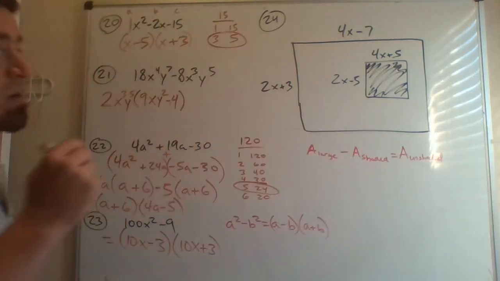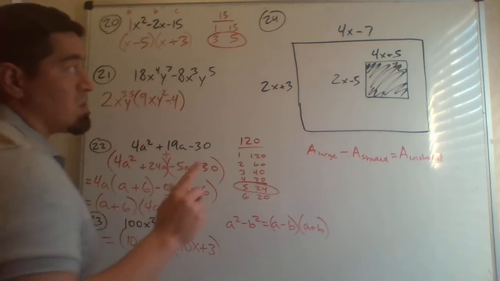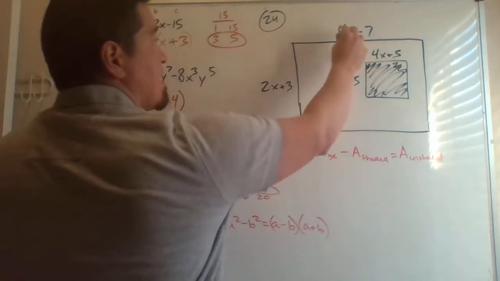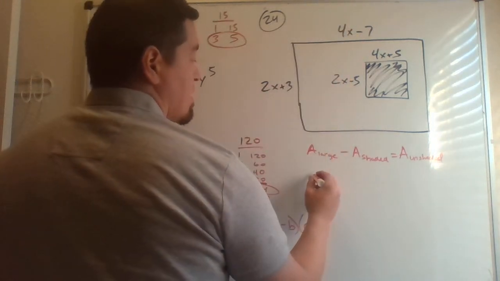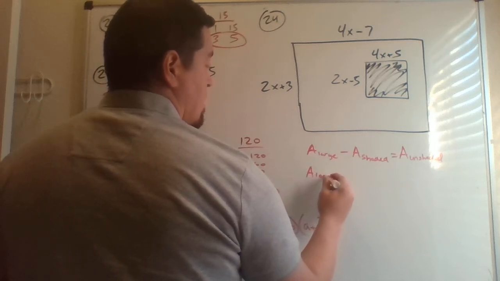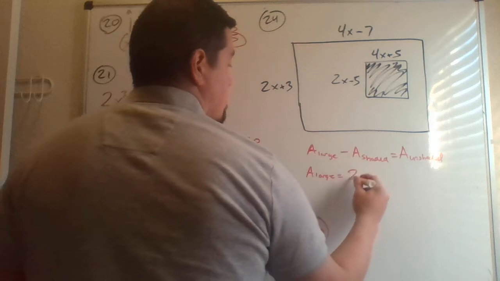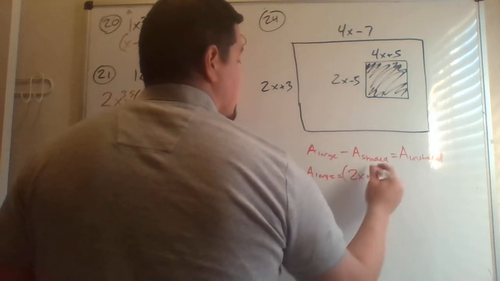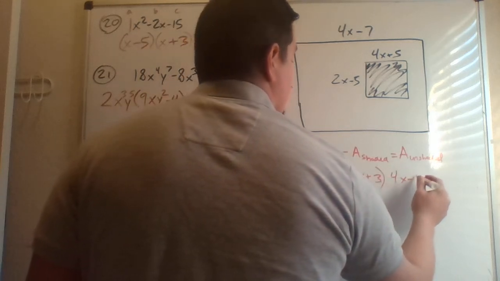So we know a rectangle is length times width. So this is the length, that's the width. So I'm going to find the area of the large, which is 2x plus 3 times 4x minus 7.